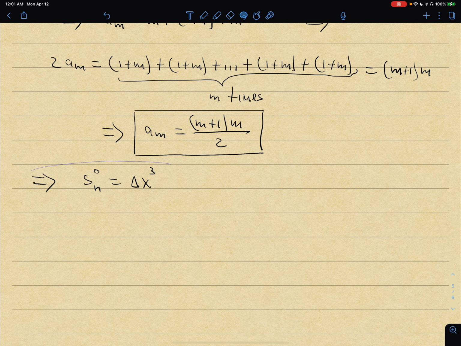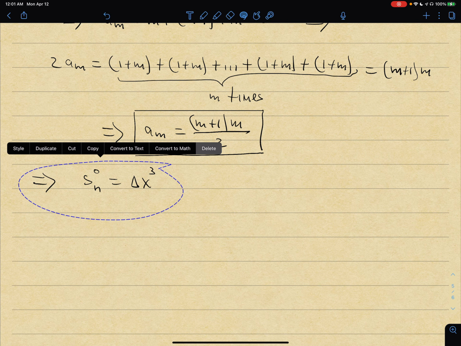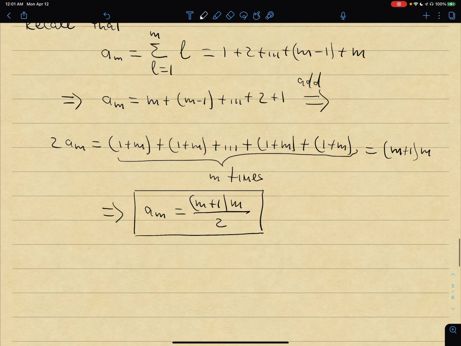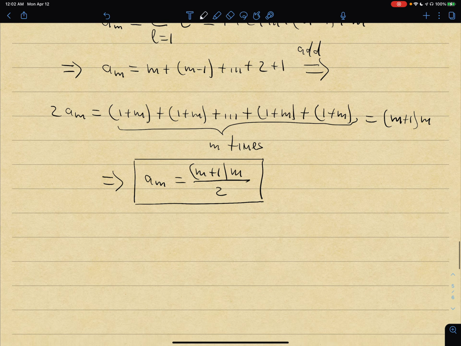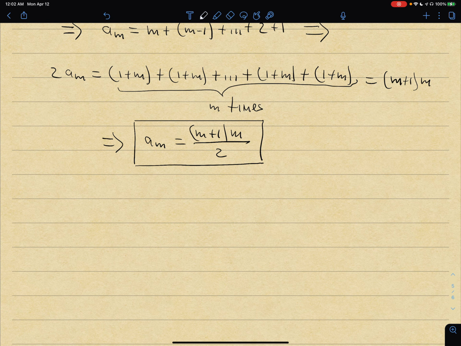So rather than doing this, let me give you another formula, because the formula that I need is in fact not the sum of k's, but the sum of k squares. I'm not going to prove that formula, but I'm just going to show it to you.